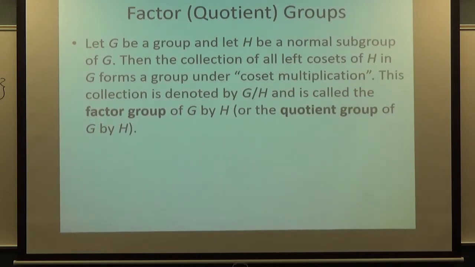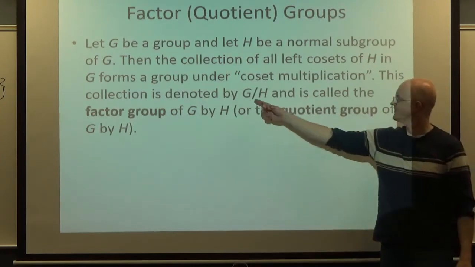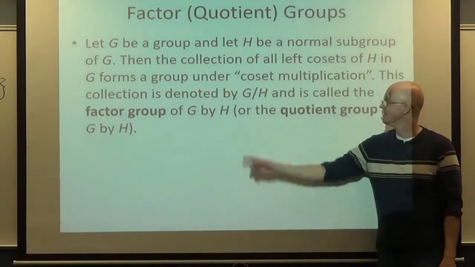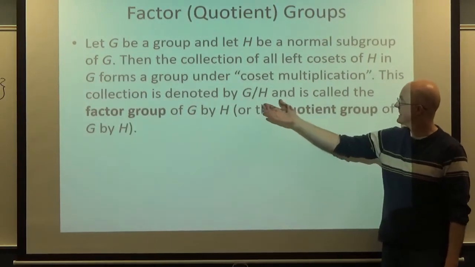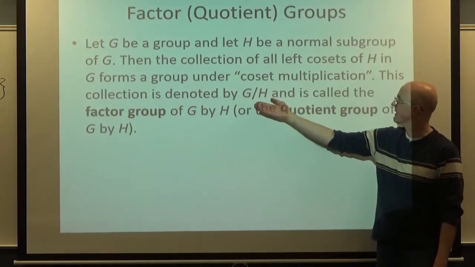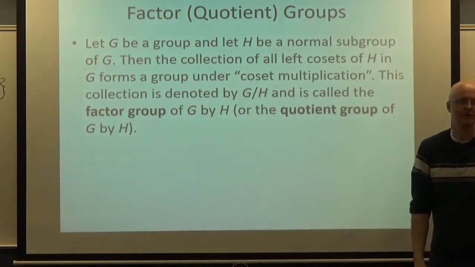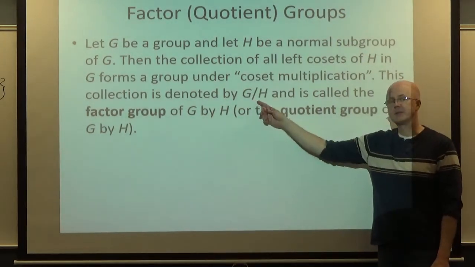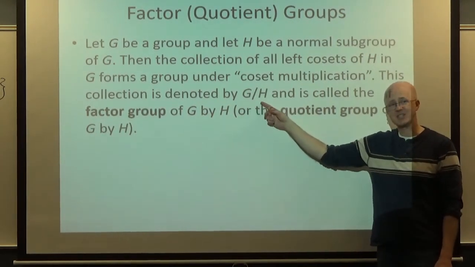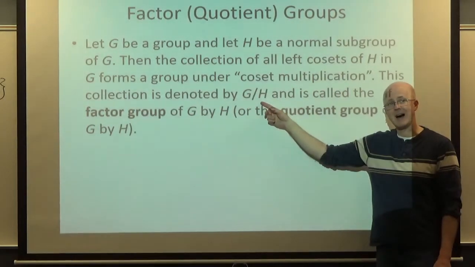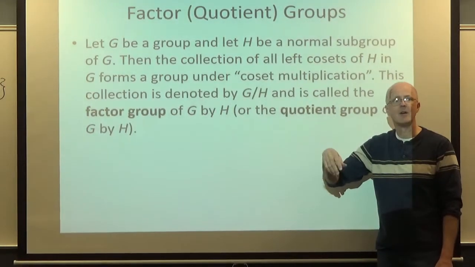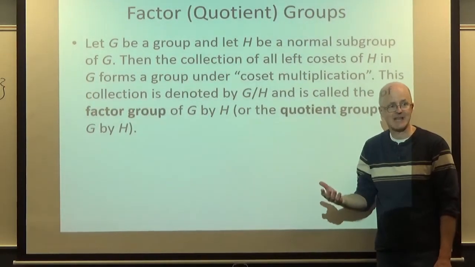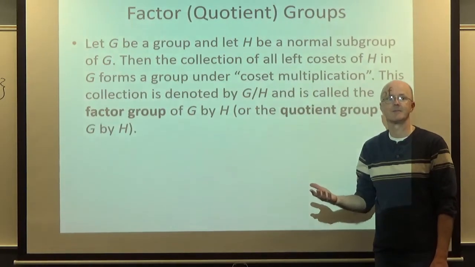This collection is denoted by this fractional kind of symbol. When you see this symbol, you can be wordy about it, and you can say, hey, that is the factor group of H in G. For short, people typically say G mod H, to use the word mod, just to say it quicker. And with arithmetic examples, it is related to modular arithmetic.